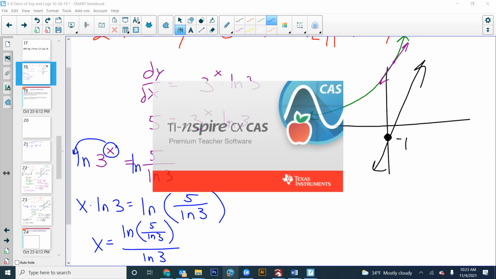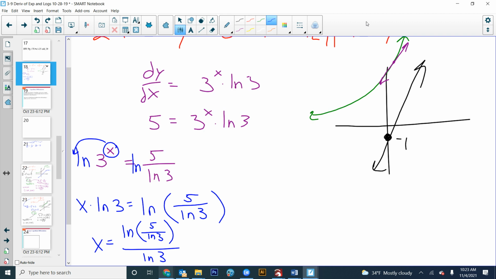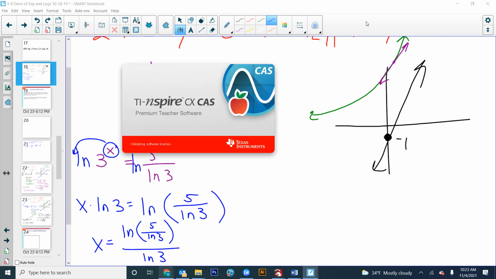Take out your dead calculators. We got two for a reason.